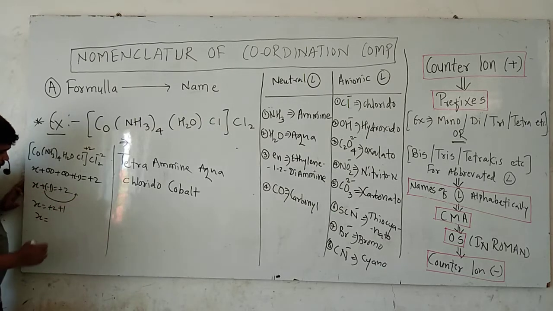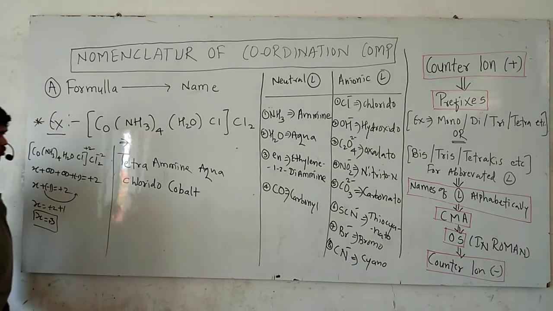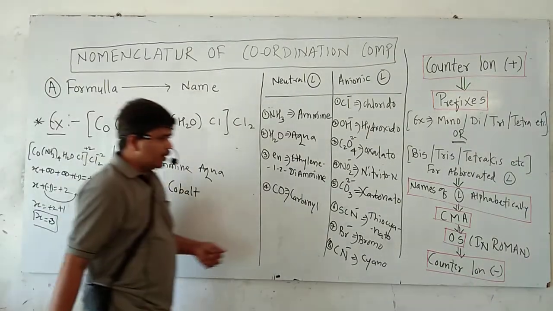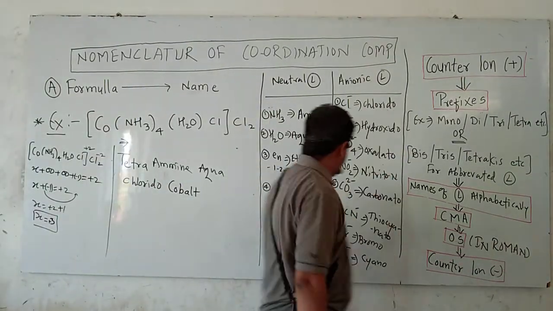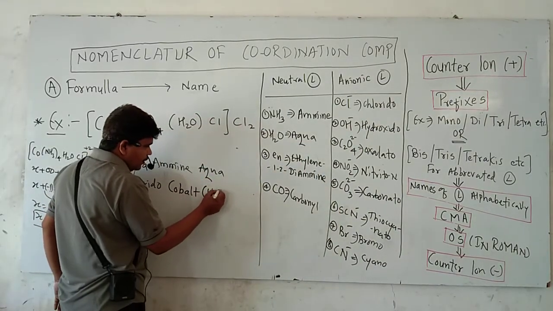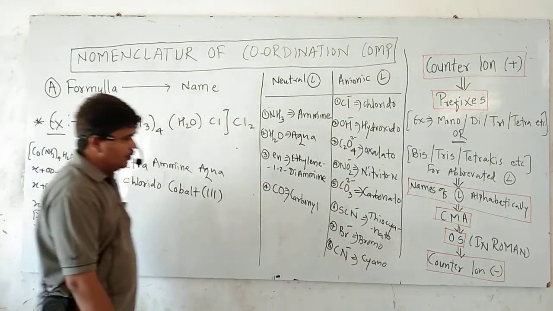Minus 1 will go to this side. It will become plus 1. So plus 2 plus 1, plus 3. Oxidation number of cobalt is plus 3. So this 3 we have to write down in Roman, and that too again in bracket. So this is oxidation number in Roman in the bracket.